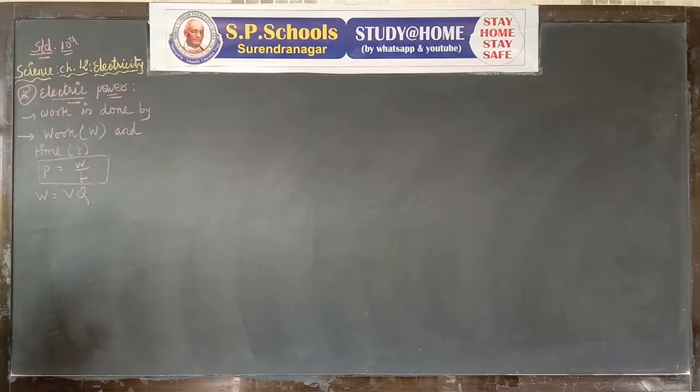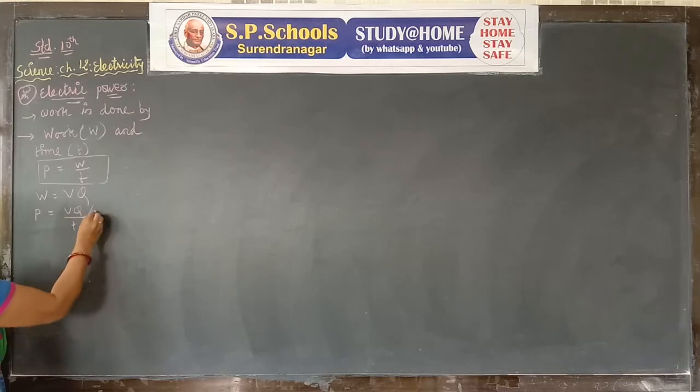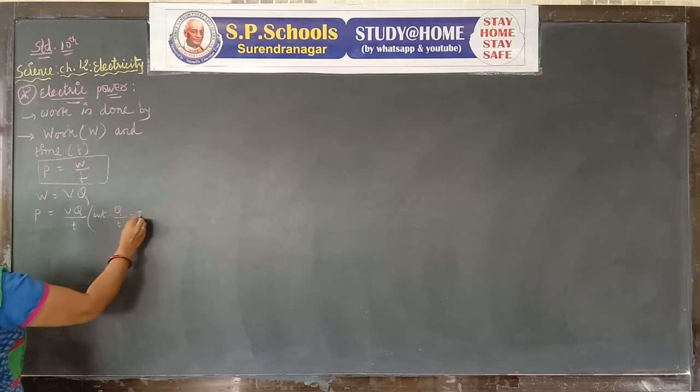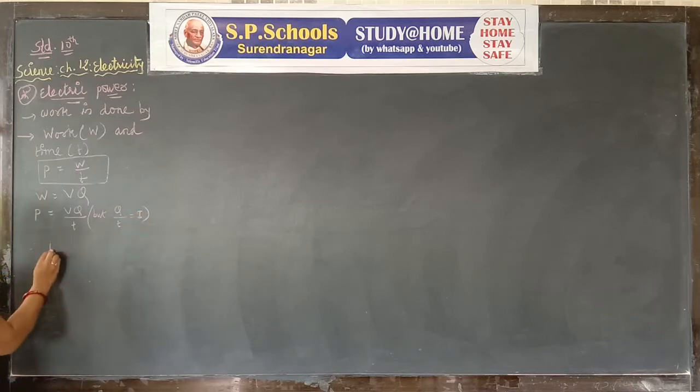Put W is equal to V into Q in the formula P is equal to W upon T. So we have P is equal to V into Q upon T. But Q upon T is equal to I. So we get another formula, P is equal to VI.